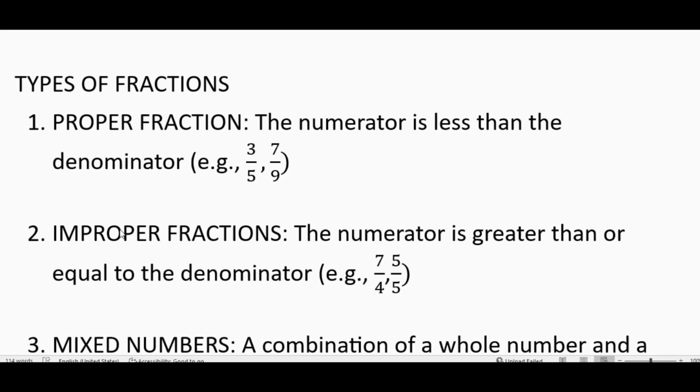So guys, you can easily see the difference between a proper fraction and an improper fraction. In a proper fraction, the numerator is less than the denominator, while in an improper fraction, the numerator is greater than or equal to the denominator.